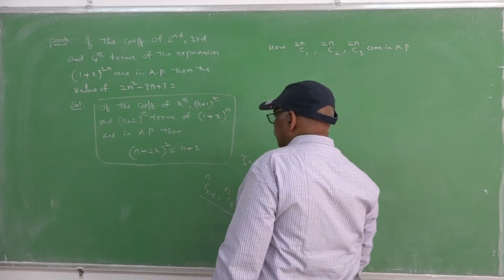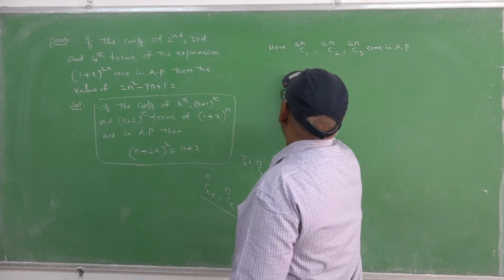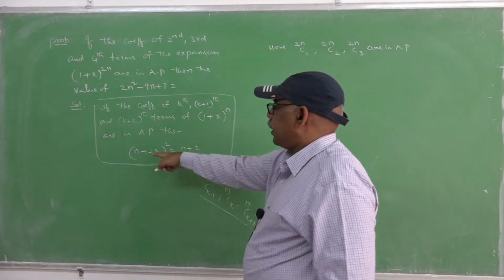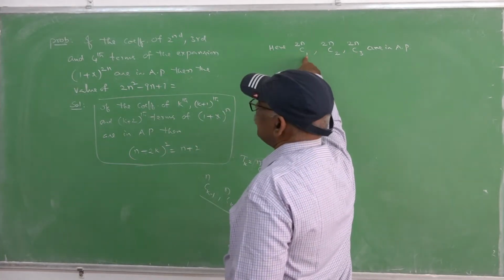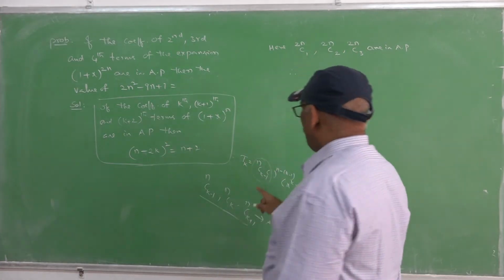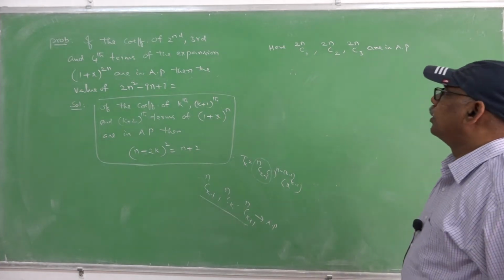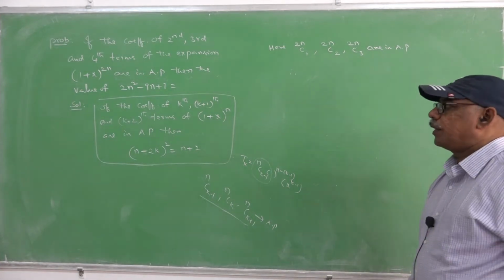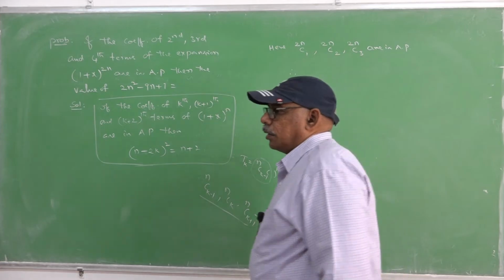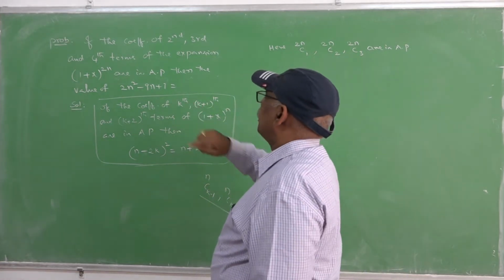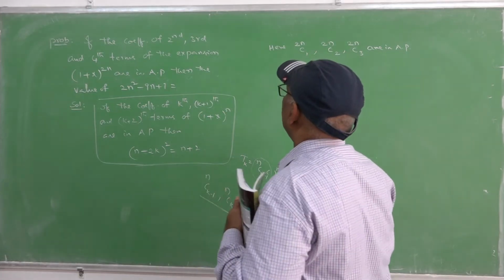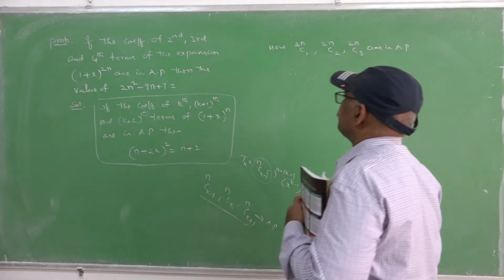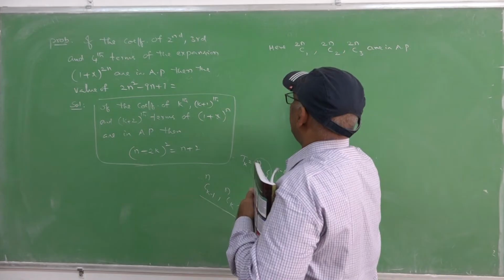Okay. So instead of n you can take 2n here, and k takes the value 2.